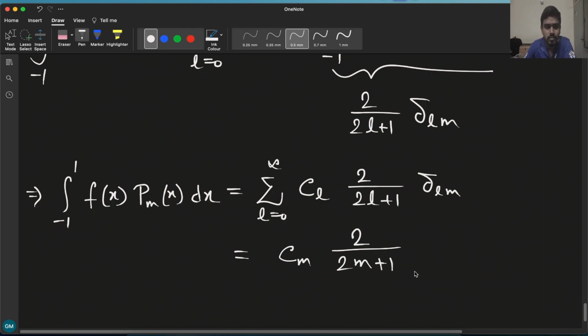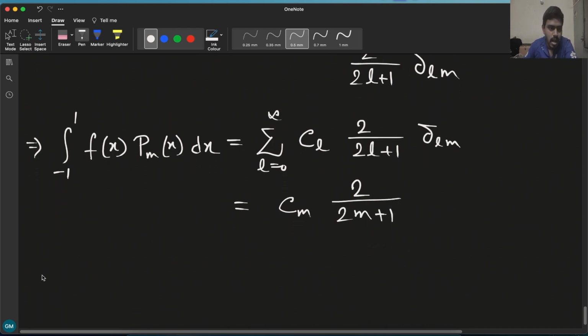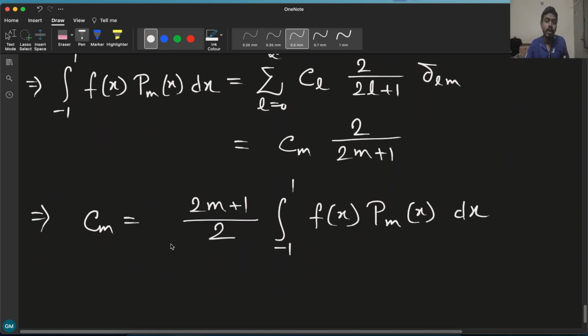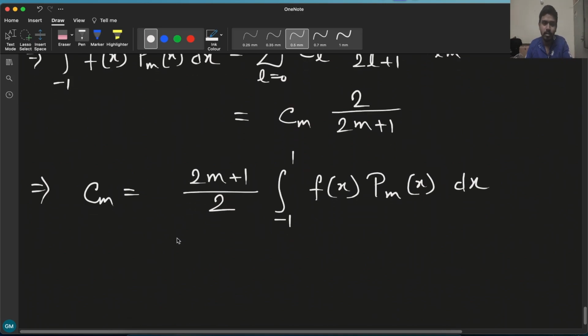by (2m plus 1). And from there I can write C_m equals (2m plus 1) divided by 2, times the integral from -1 to 1 of f(x) P_m(x) dx. So if I want to find the m-th coefficient, this is the formula.